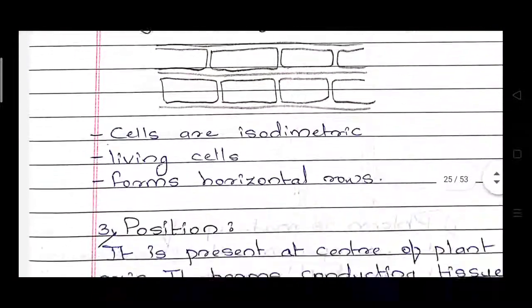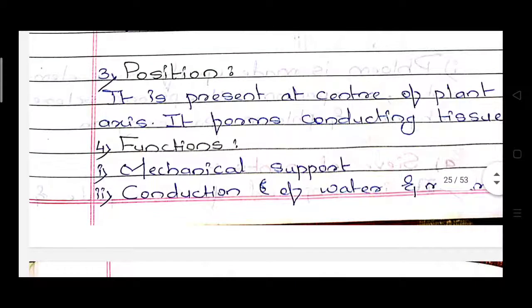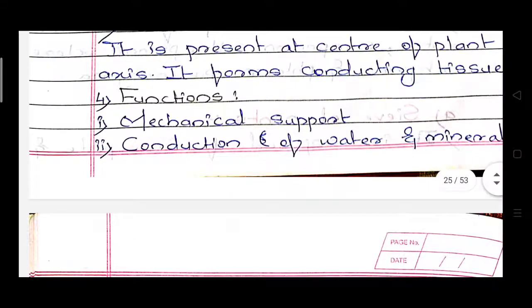Mostly the position of the xylem is in the central part of the plant and they form the conducting tissue. The main functions of the xylem are mechanical support as well as conduction of water and minerals from the root to the other parts of the plant. I hope all of you understand these xylem tissues, which are a part of the mechanical tissue system.